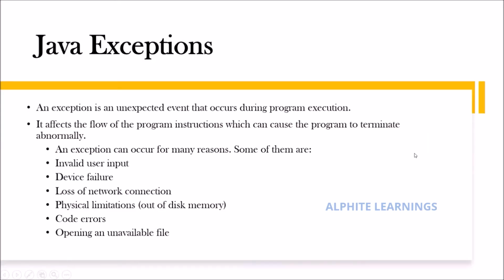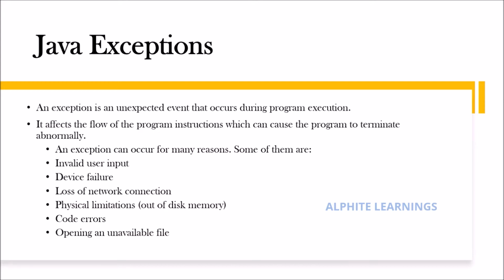Next comes Java exceptions. From day two, we learned about coding. We learned variables, methods, then we came across OOPS concepts, and next we are coming to exceptions. So Java exceptions or errors, however you call it.